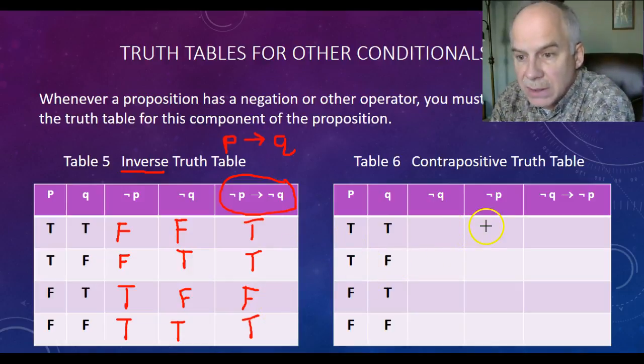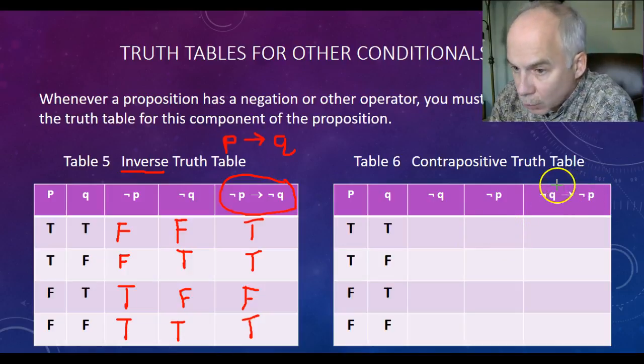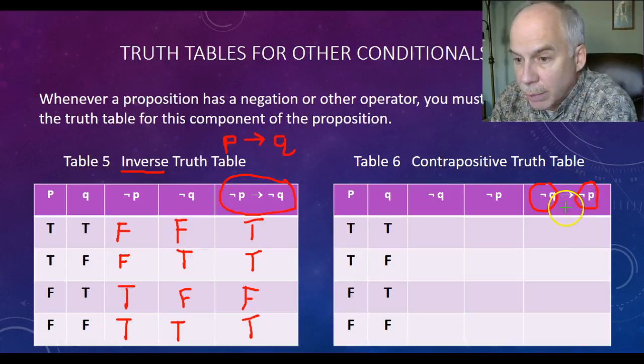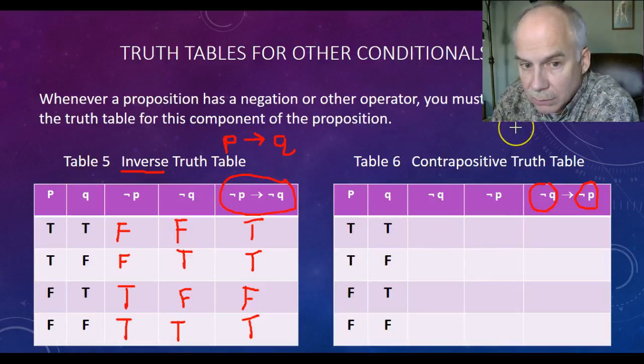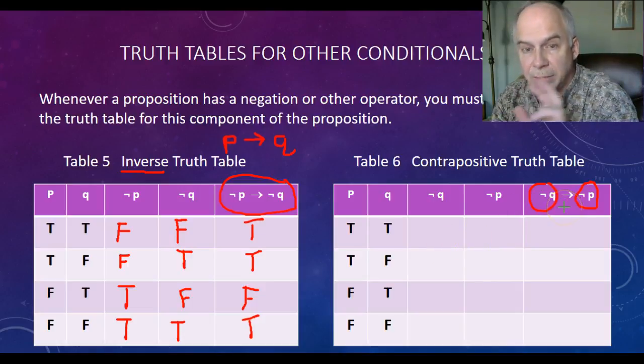The contrapositive truth table. For this contrapositive, we need the negation of Q, the negation of P, and then we need to do the implication of that. Notice I'm going to put the negation of Q first, so it's in the same order as the contrapositive statement. Realize that the contrapositive both switched the P and the Q around and negated them.